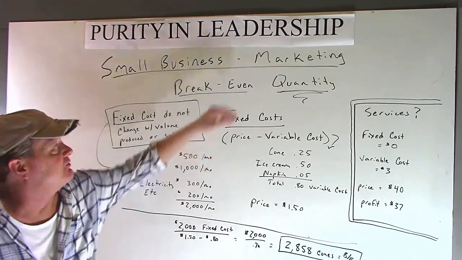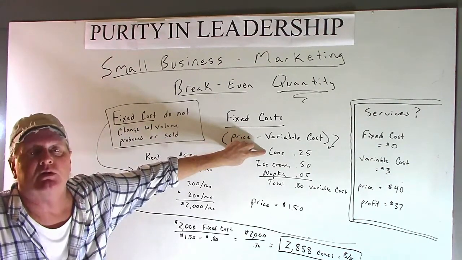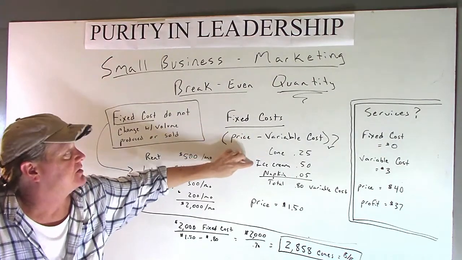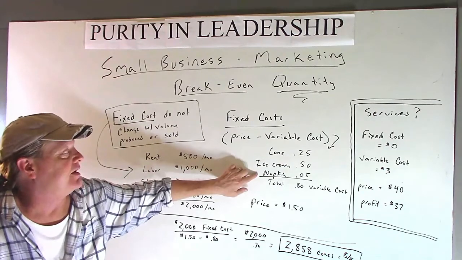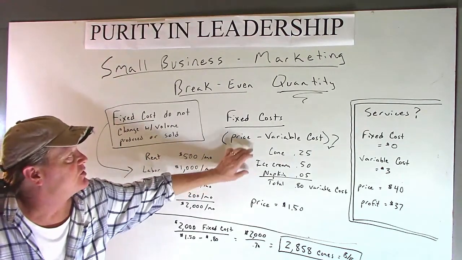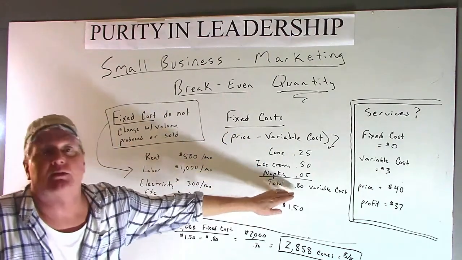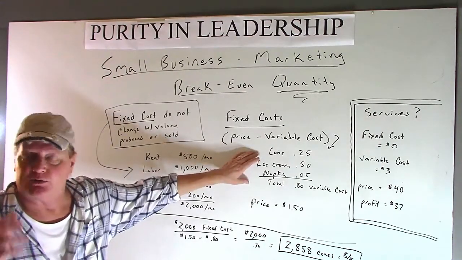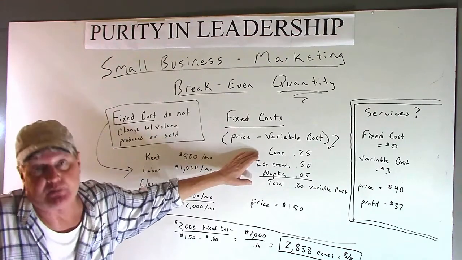Now, our variable costs, to make it simple: the cone for our ice cream cone is 25 cents. The ice cream is 50 cents, and we get a nice fancy napkin for 5 cents. So our total variable cost is 80 cents per ice cream cone. The reason it's variable is because it depends on how much you sell or make.